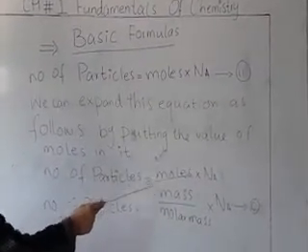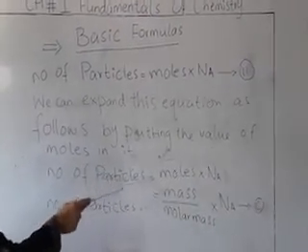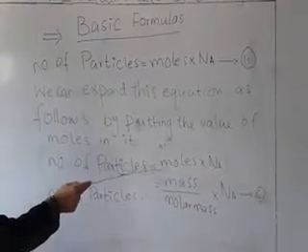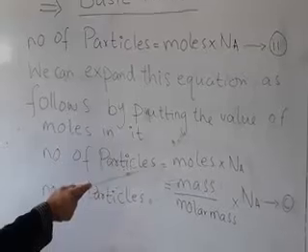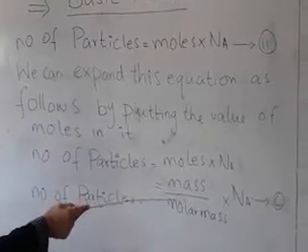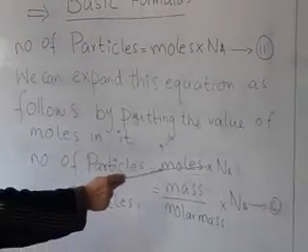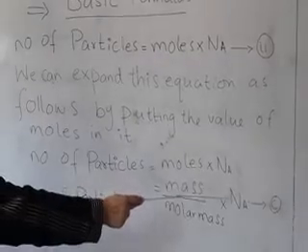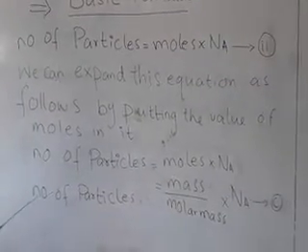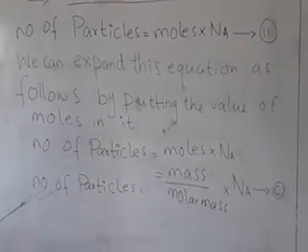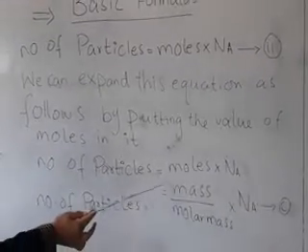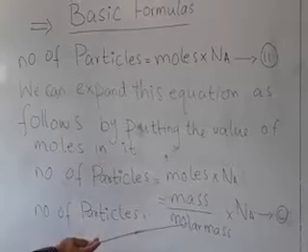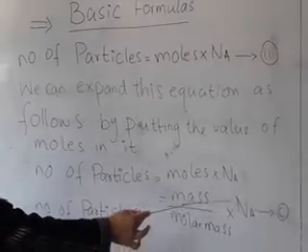Place the formula of moles here. Instead of moles, we are just placing its formula which we learned. So that says moles is mass over molar mass. Na, the Avogadro's number, remains at its own place. So now the formula is modified to number of particles is equal to mass divided by molar mass into Na.